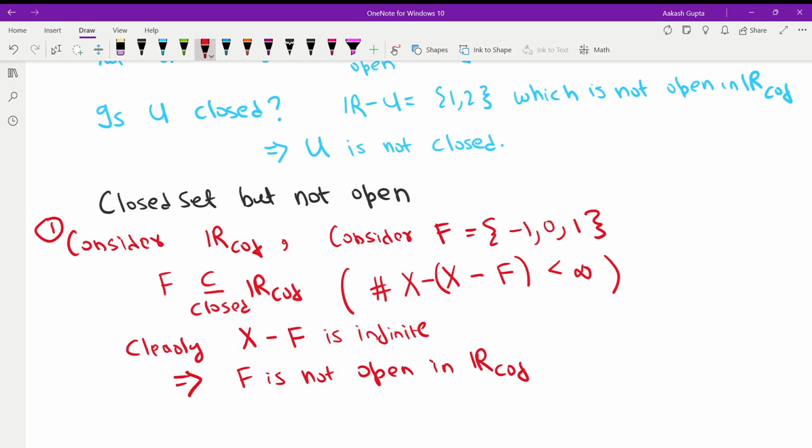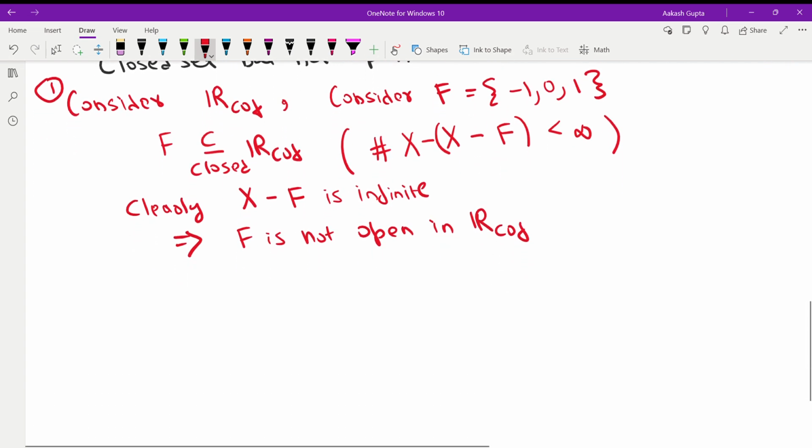So this is an example. Now what are we left with? We have given examples of sets which are both open and closed. One is closed, another is open. One is open, another is closed. The next thing is neither closed nor open, right?